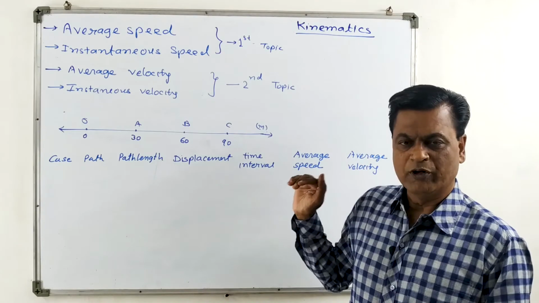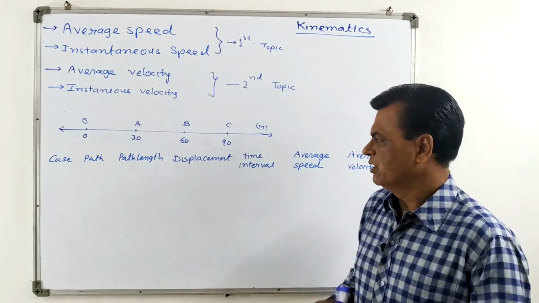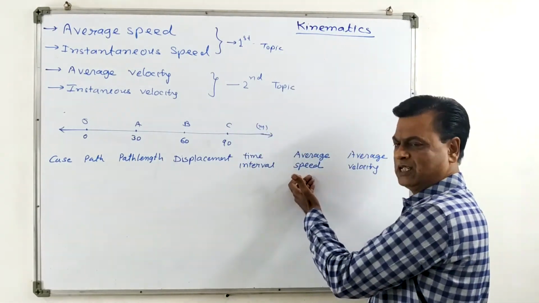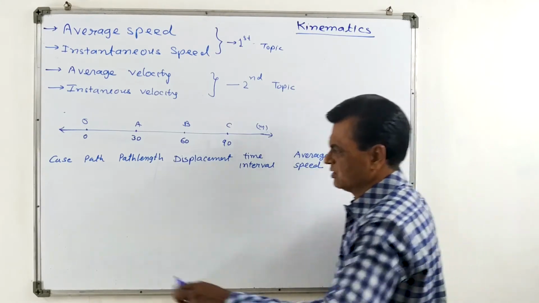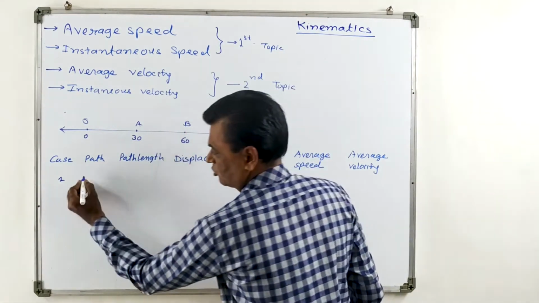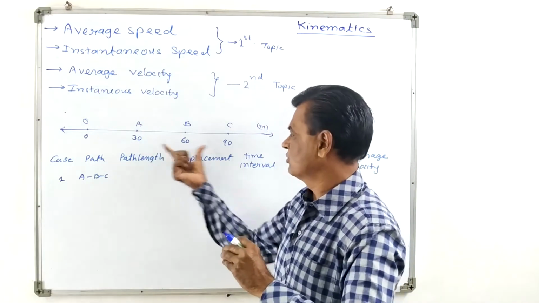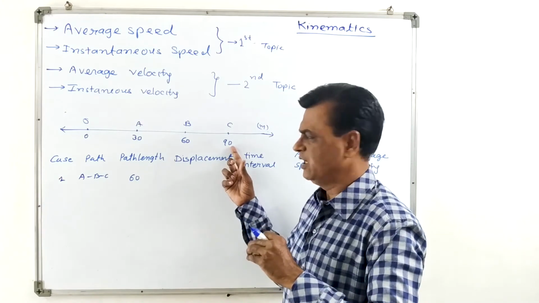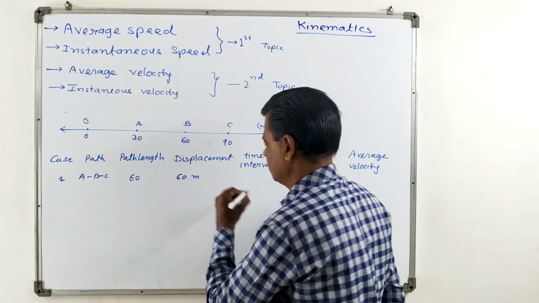Consider that a car is moving on a straight road and the path of the car is taken along the x-axis. Here, for each case, a table is given with path length, displacement, time interval, average speed and average velocity. Case 1: suppose the car starts from point A and reaches C. So the path is A, B, C. The path length is 30 plus 30, 60 meters. And the displacement, final position 90 minus 30, so 60 meters is also the displacement.